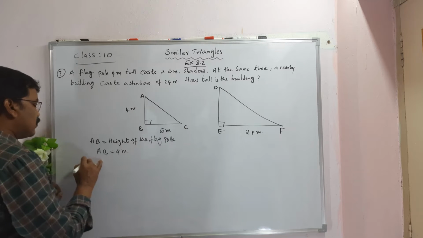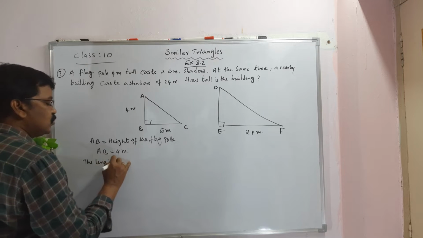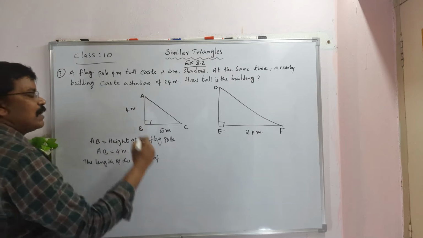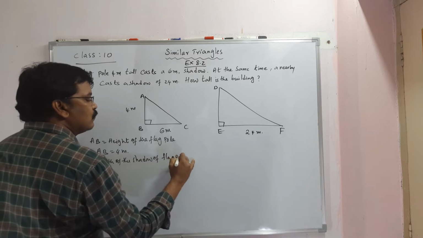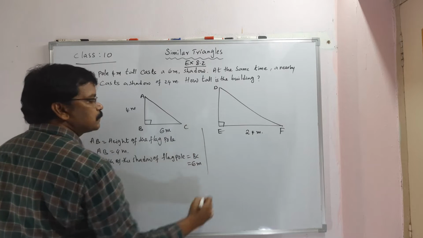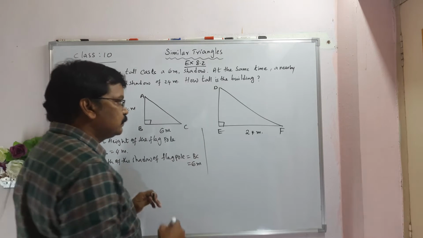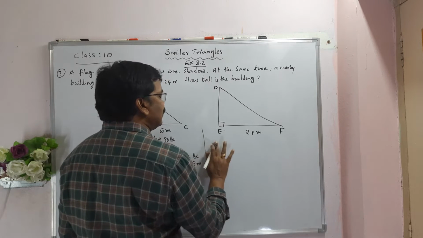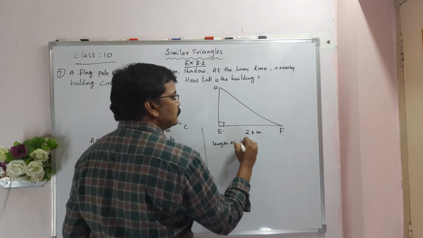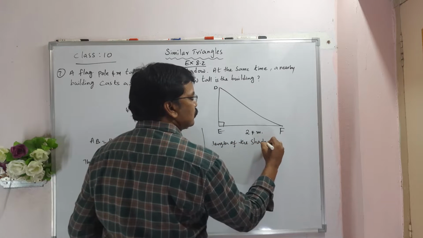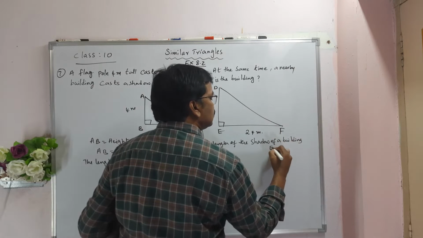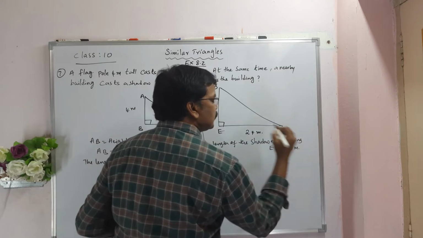The length of the shadow of this flagpole is BC, that is 6 meters. Coming to this triangle, only the length of the shadow of the building is given. This EF is equal to 24 meters.